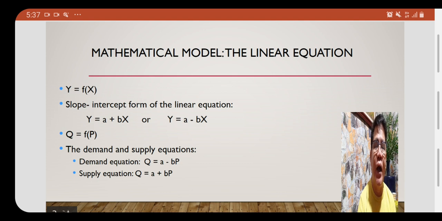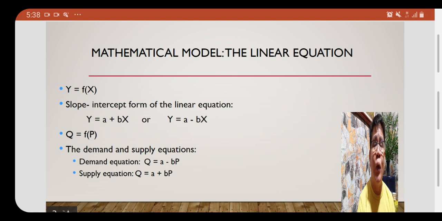Take note that the sign before the parameter B is either positive or negative, because the sign of the slope tells us the kind of relationship between the two variables. And there are only two kinds of relationship between variables. Either the relationship is inverse or the relationship is direct. For the demand equation, the relationship between the two variables, Q and P, is inverse.